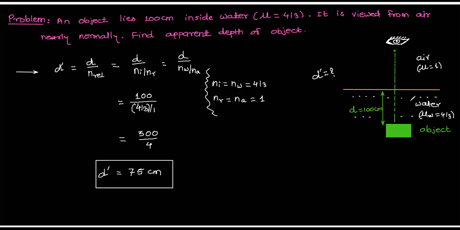So like that you have to find just the apparent depth. So this is one simple problem on this model, which is of normal incidence. Okay, so let's solve one more problem on this model only, an important problem, so that you will understand everything. So let's see.